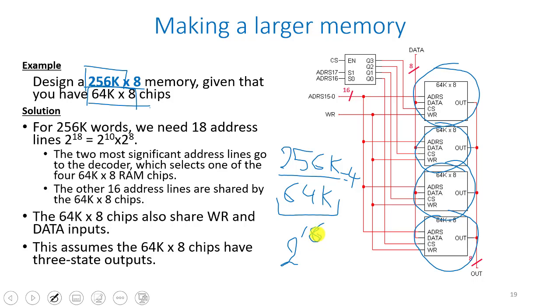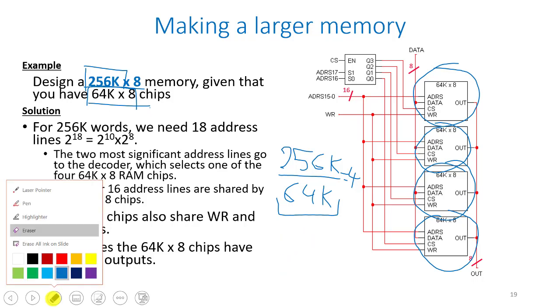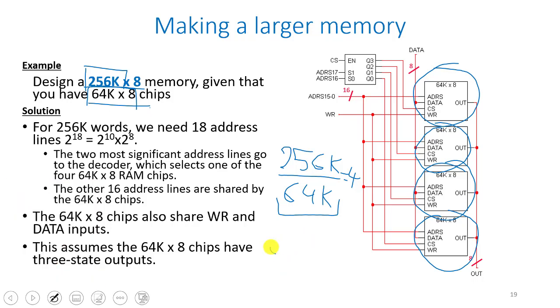Okay, once more. 64K is equal to 2 to the power 16. This means I will need 16 address bits for each one of these guys over here. So I have here 16 address bits, as you can see, address from 0 to 15.